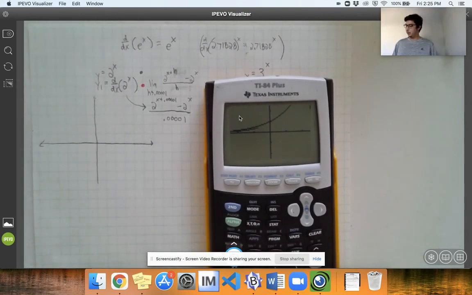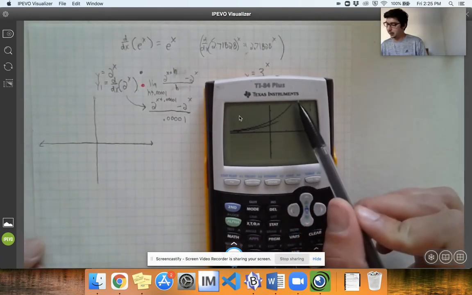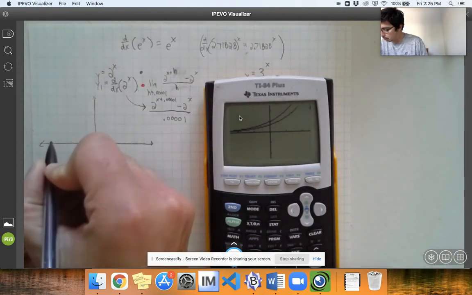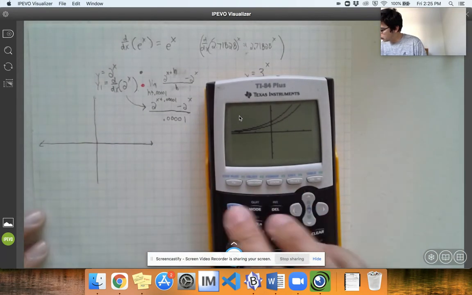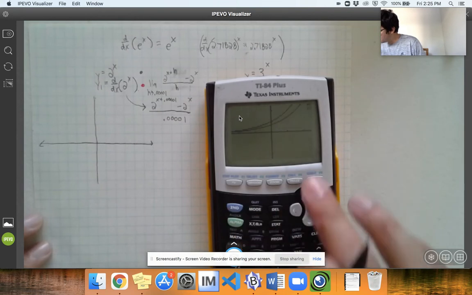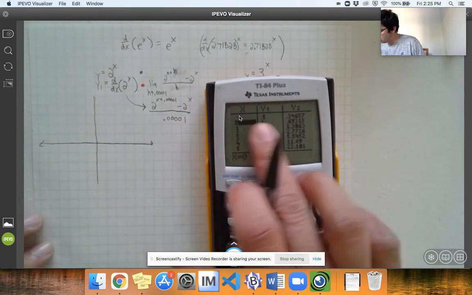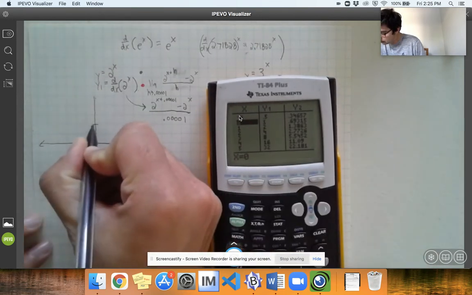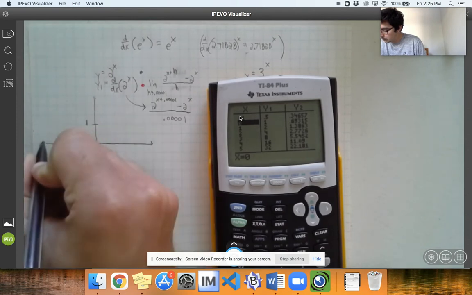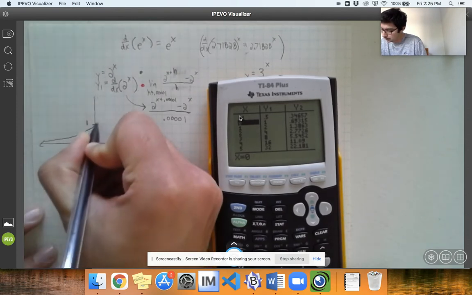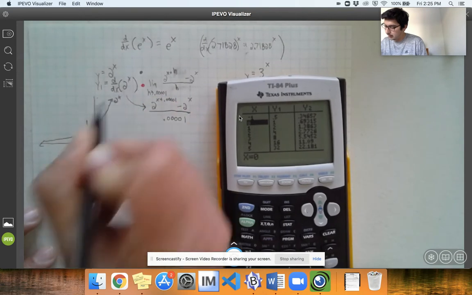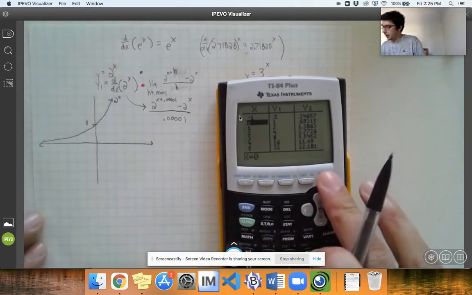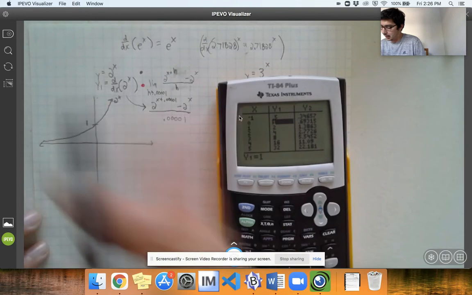Well, if we graph it, notice that that first graph is 2 to the x. So 2 to the x in pencil is at 1. Let's see, at 0, I look at a table, at 0 it's at 1. And that's 2 to the x. And then the derivative of 2 to the x was at 0.693.